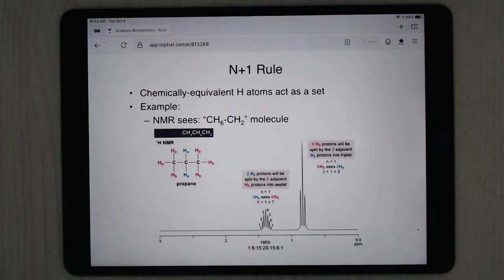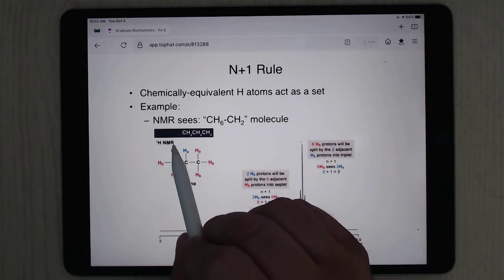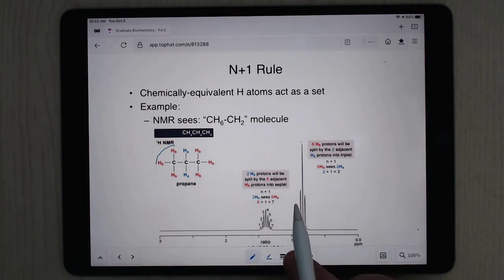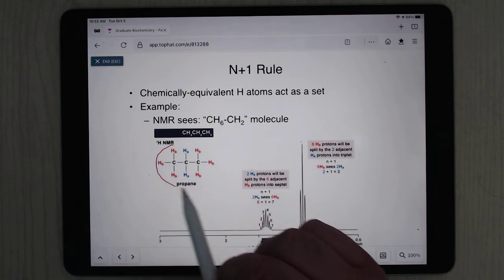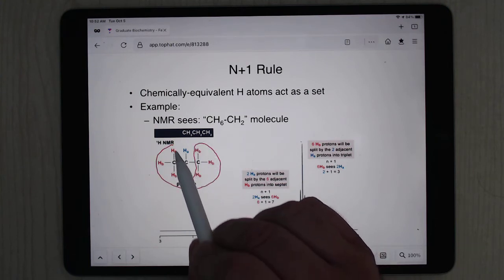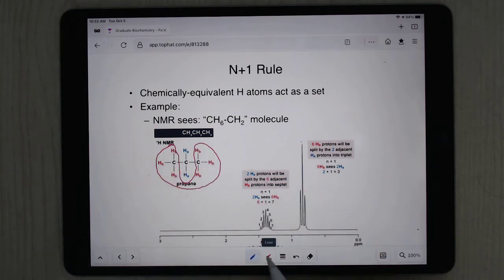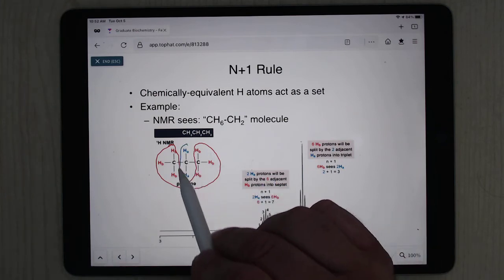Now, one of the things is that equivalent carbons or equivalent hydrogens don't split. Okay, they act as a set. So here, these red hydrogens would act as a set, and these blue hydrogens would act as a set.